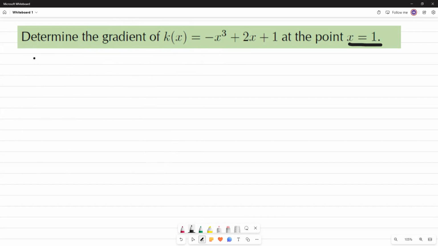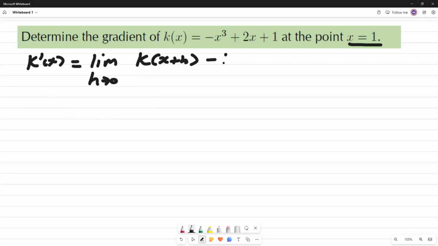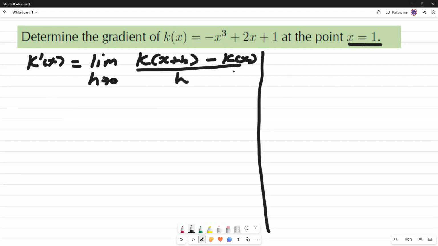So we're going to write the formula down. K prime of x, or the derivative of k of x, is the same as the limit as h approaches 0 of k of x plus h minus k of x all over h, right? Sharp. Now let's do this.